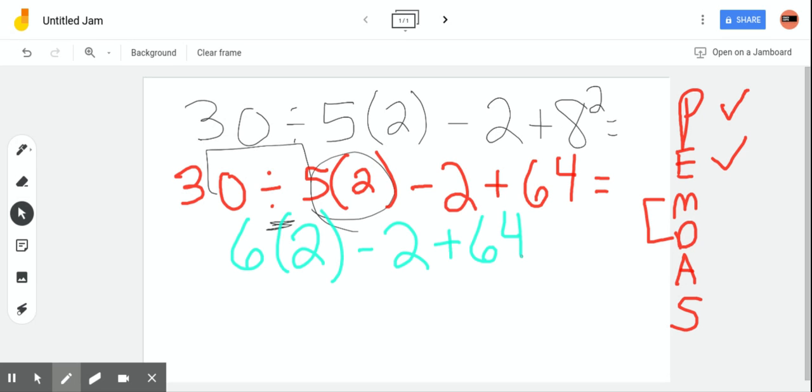I know a lot of people probably went ahead and said, oh, let me go ahead and add this 2 and 64 and give me 66. Please, no. Don't do that. First of all, we haven't even finished with the multiplying and dividing yet. We still have a multiplying right there. 6 times 2. 6 times 2 gives us 12. Bring the minus sign. Bring the plus sign.